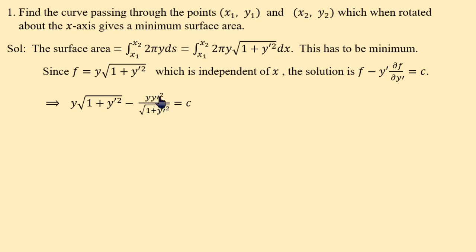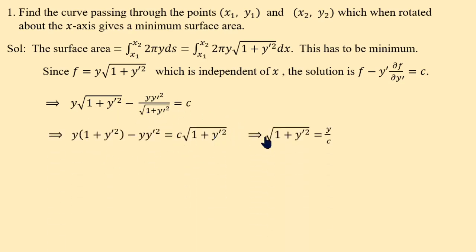So it is y dash square by root of 1 plus y dash square, with the minus sign. Now, very simple, you can simplify this. Multiply throughout by root of 1 plus y dash square. Here it becomes y into 1 plus y dash square minus y dash square equal to c. So y plus y y dash square minus y dash square... y dash square cancels, y remains, y equal to c into root of 1 plus y dash square.